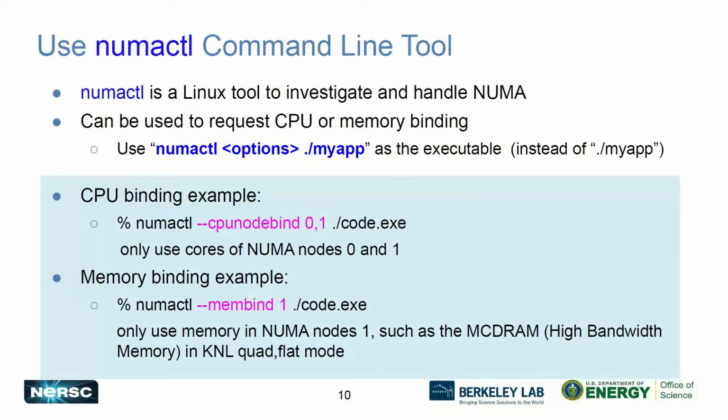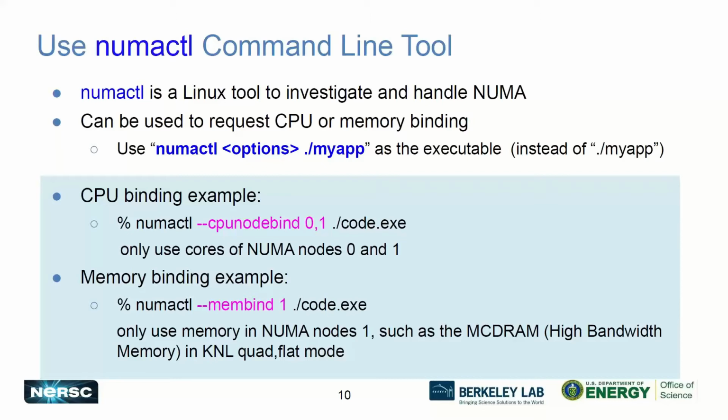With numactl, you can fine-tune how you want to handle NUMA. For example, you can use numactl with different options, followed by your application executable in place of the real executable. Then you're using fine-tuned settings of CPU or memory for your application.